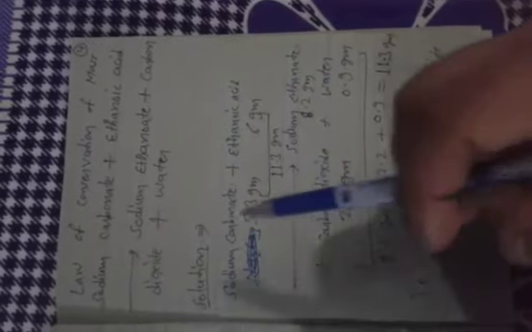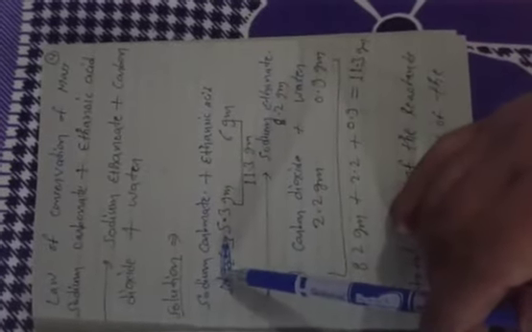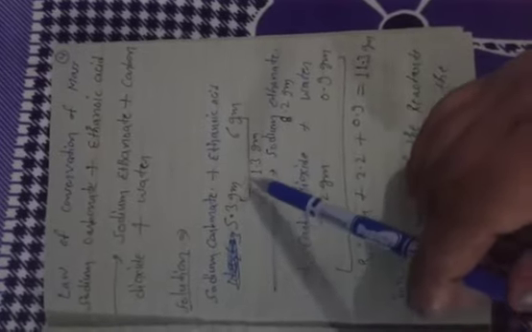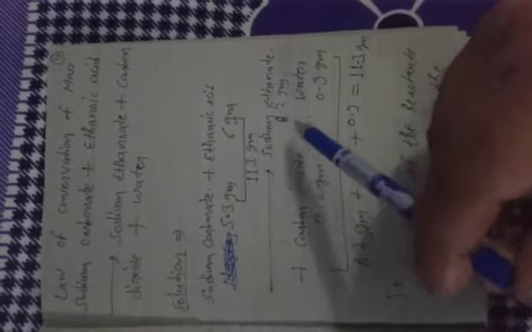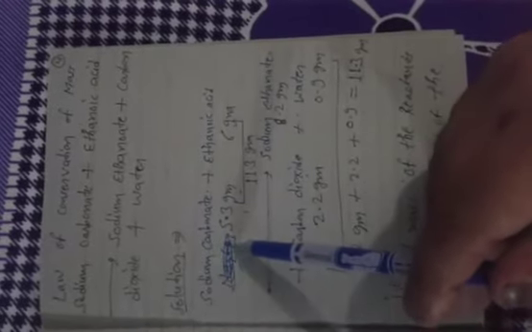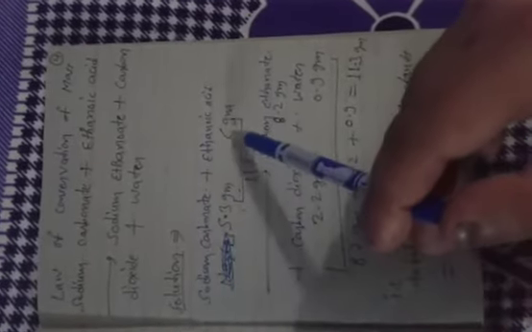In this case, the reaction is shown as sodium carbonate and ethanoic acid to form sodium ethanoate, CO2 and water. 5.3 gram of sodium carbonate is used and 6 gram of ethanoic acid is used.